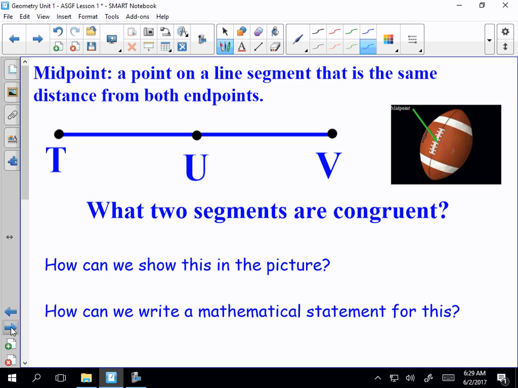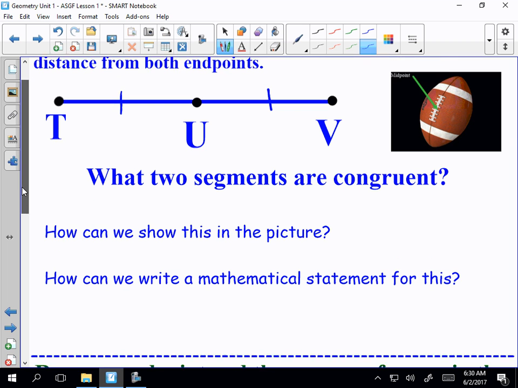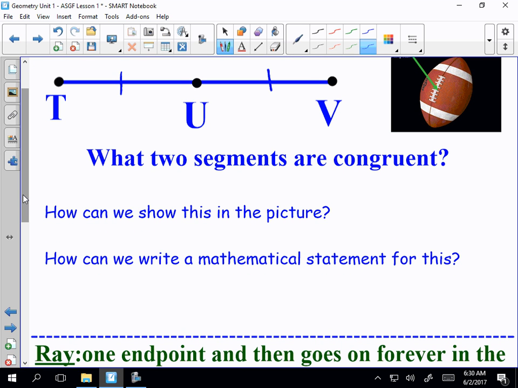One of our last pieces we have here is the midpoint. The midpoint cuts any segment into two equal parts. We can designate those parts, once again, like we saw before, with tick marks. Those tick marks tell us that the two segments that are congruent here are segment TU is congruent to segment UV.